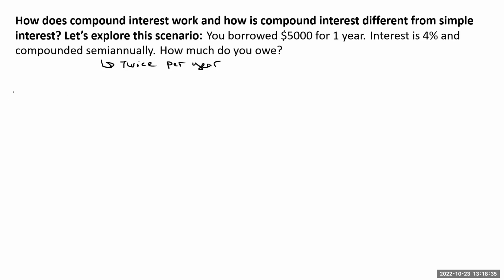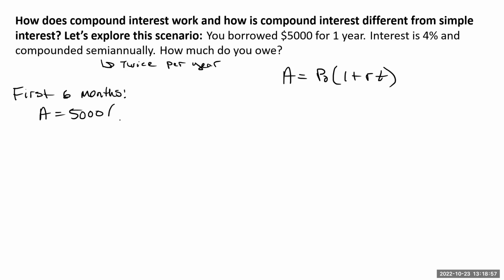We're going to take the first 6 months. Remember our formula for simple interest, A equals P sub 0 times 1 plus R times T. In the first 6 months, we take the $5,000 that we invested times 1 plus my interest rate, 0.04, but I have to divide it by 2 because I've got 2 time periods here.